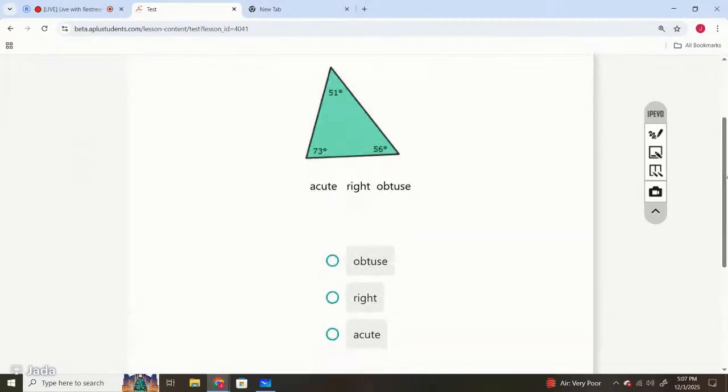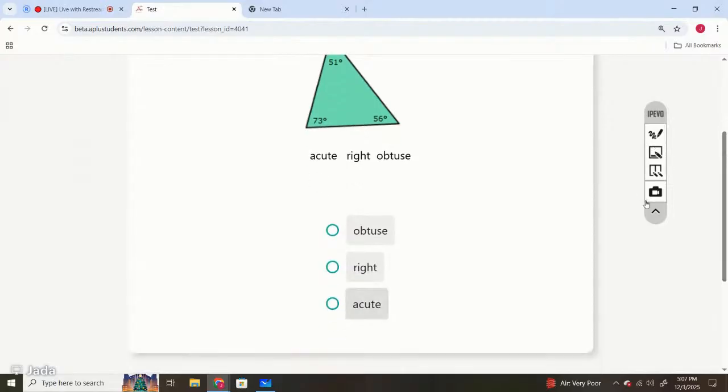What kind of triangle is this? The angles are all less than 90 degrees, so that is an acute triangle.